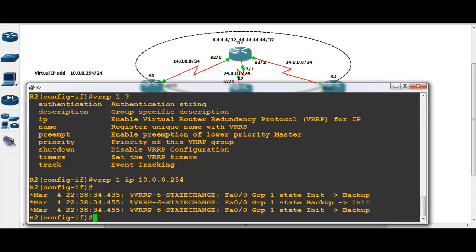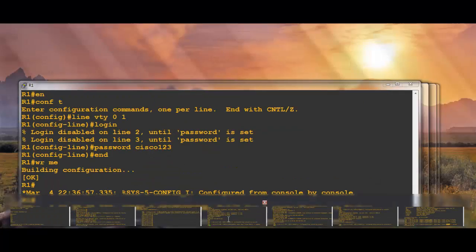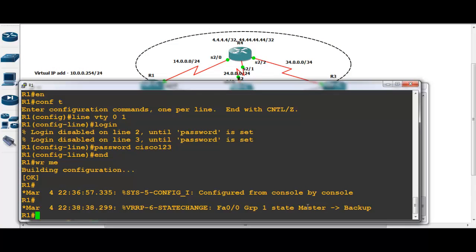Now you see this also slowly went from init to backup, and because preemption is enabled, it says I am the hero, so it goes from backup to master. Now if I go to R1, which is our old master, see, the old master says I'm changing myself from master to backup for group 1, because in group 1 I find another router with the higher IP address.